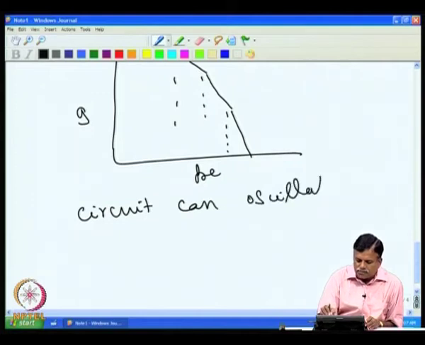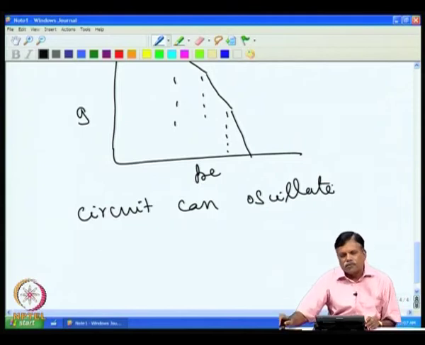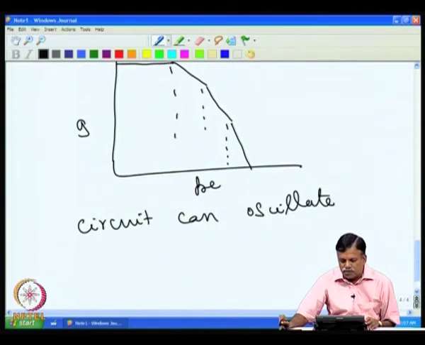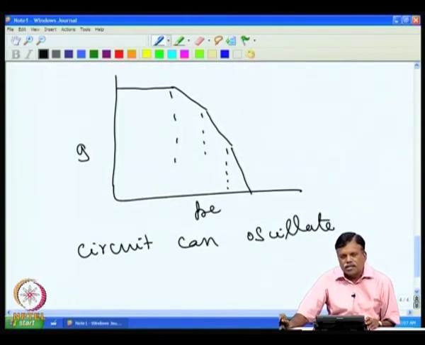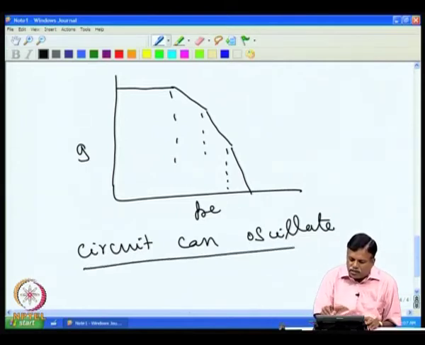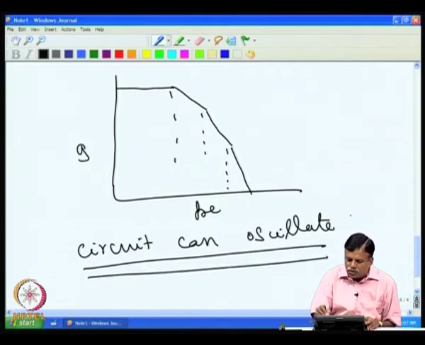Instead of working as an amplifier by putting the 2 resistances, which we have shown can be used for amplification, it can work as an oscillator if the phase shift around the loop and the gain around the loop are satisfied. So, the circuit can oscillate. This is the main issue that we have to worry about. Instead of an amplifier, it can act as an oscillator.